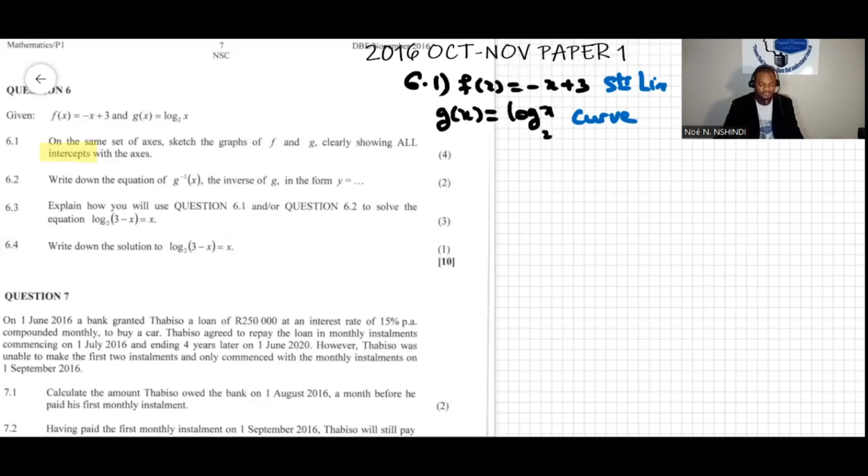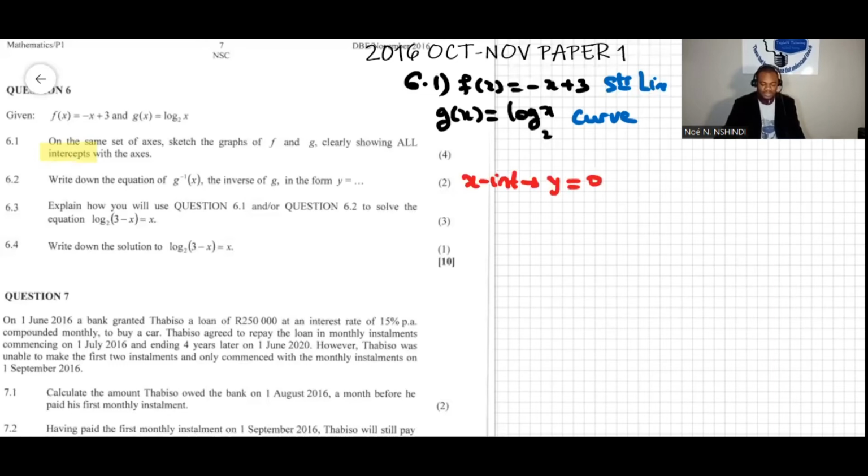So let's first find the intercepts. The x-intercept means that we're going to make y equal to 0.